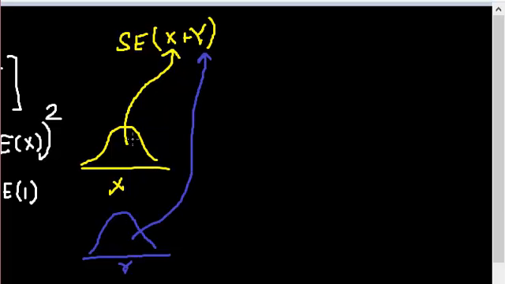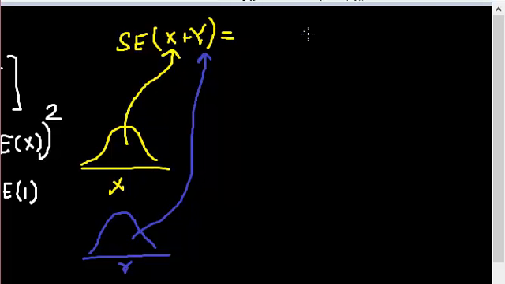We're trying to compare these two, but first we're going to do an addition. So we have samples from x, we have samples from y, and now we're going to understand what the formula of the standard error for x plus y turns out to be. So let's proceed.